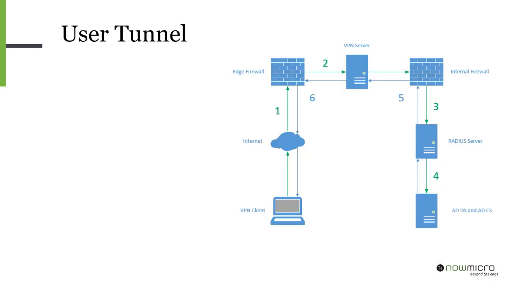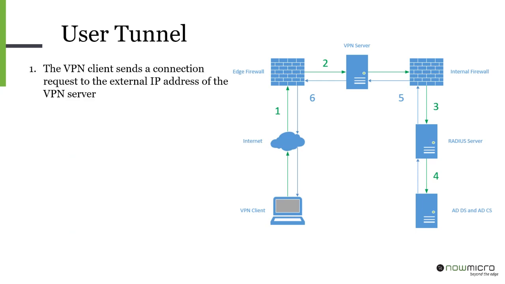So let's take a quick look then at how the VPN tunnels actually connect. This graphic shows the VPN connection process for a user tunnel in a basic Always On VPN deployment. In this scenario, the VPN server is located in a perimeter network and has two network adapters. So first step, the VPN client sends a connection request out to the external host name or IP of the VPN server, which hits your perimeter or edge firewall.